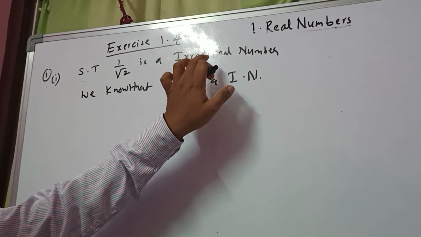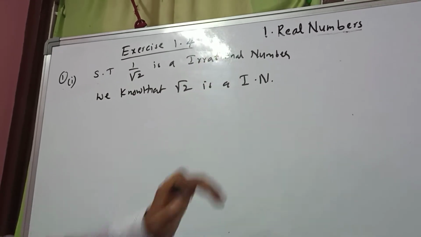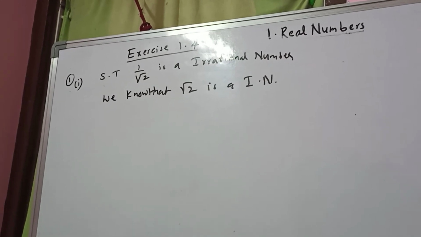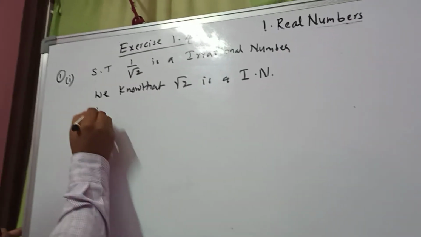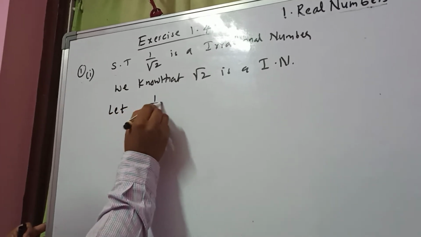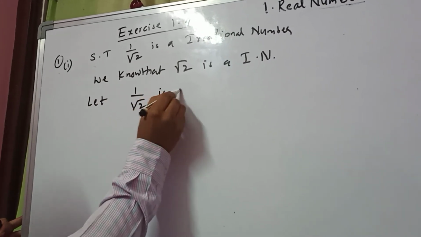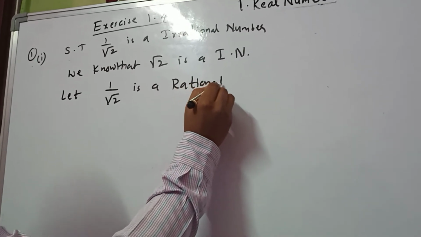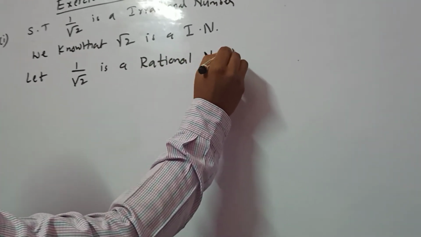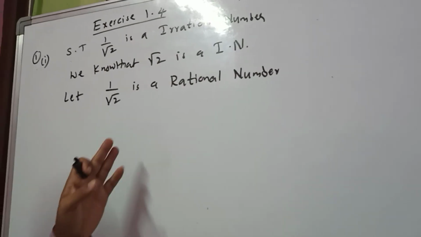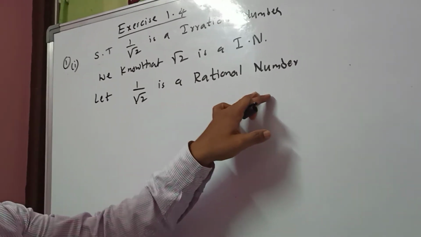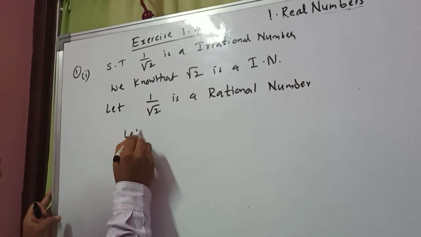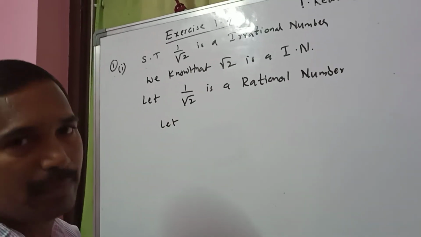To prove this, we are taking the contradiction method. Already we have seen. So, by the contradiction method, let us assume 1 by root 2 is a rational number. If it is a rational number, it can be expressed in the form of p by q.